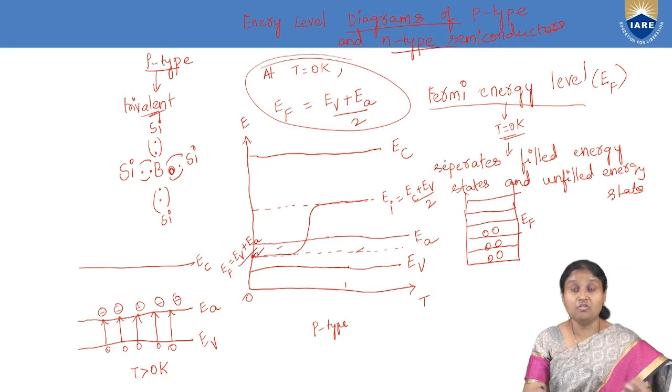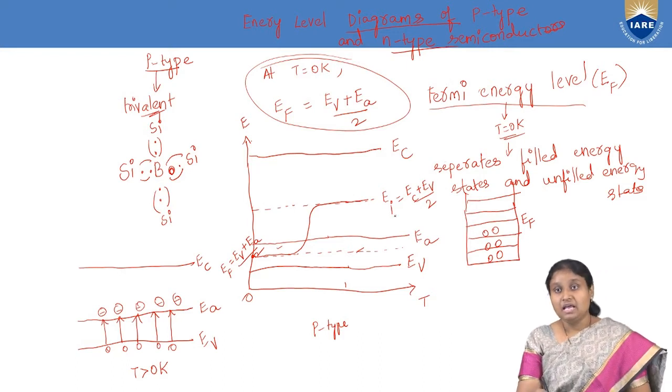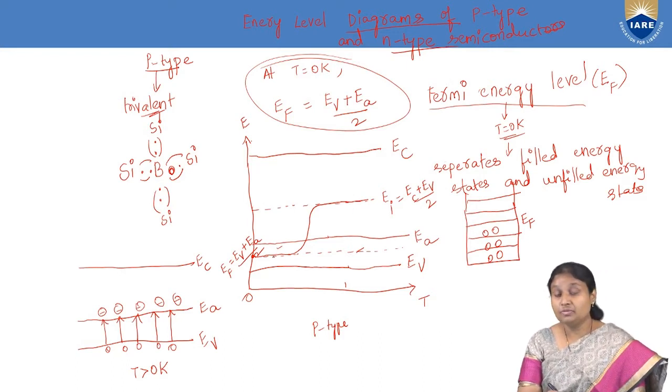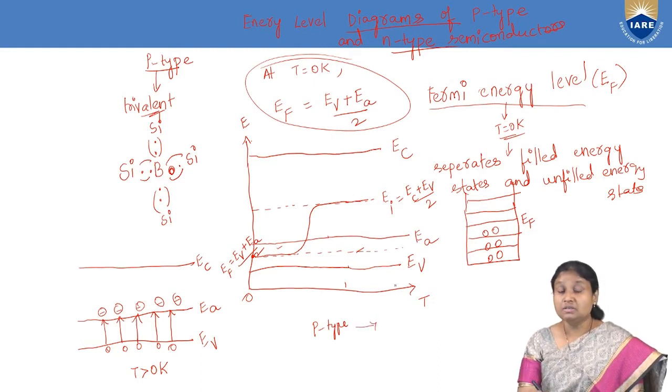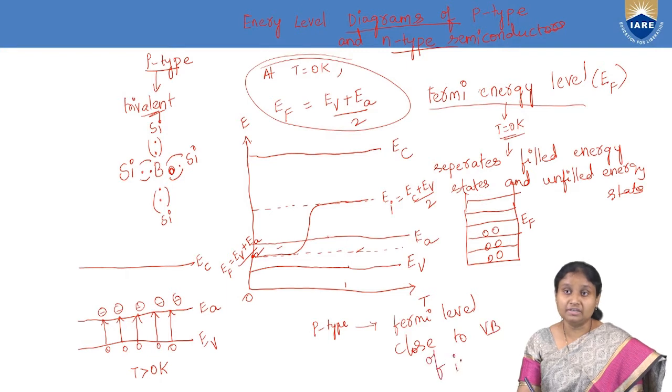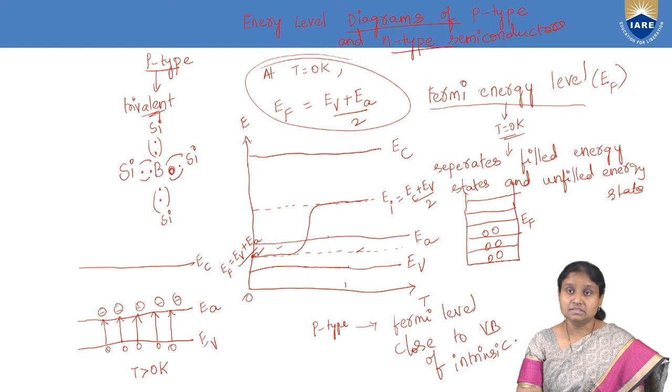This is the case of a p-type semiconductor, and the Fermi energy level will be close to the valence band. This is a very important point which we have to understand. So in a p-type semiconductor, the Fermi level is close to the valence band of the intrinsic semiconductor.